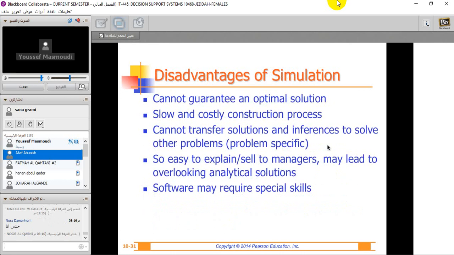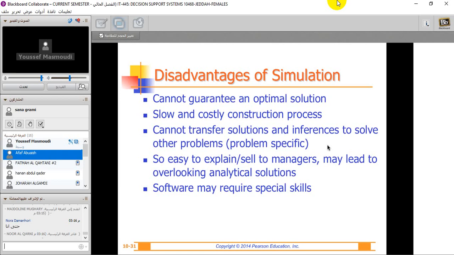Disadvantages of simulation: it cannot guarantee an optimal solution. Okay, so we don't have the optimal solution. Slow and costly construction process, and it cannot transfer the solutions and interfaces to solve other problems. So it is problem specific. كل problem عنده صيغة السيموليشن بتاعه. It is also easy to explain and sell to managers, and may lead to overlooking analytical solutions.